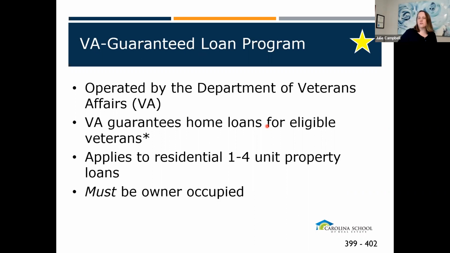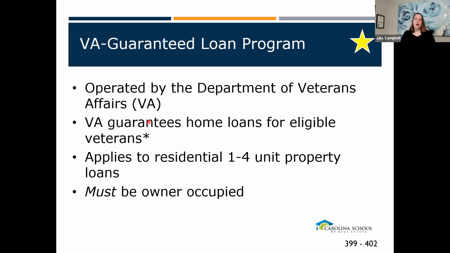VA loans may not only be available for our eligible vets, but also for unremarried widows and widowers. So an unremarried widow or widower of a vet may also qualify for a VA loan. These are handled by the Department of Veterans Affairs, the VA.